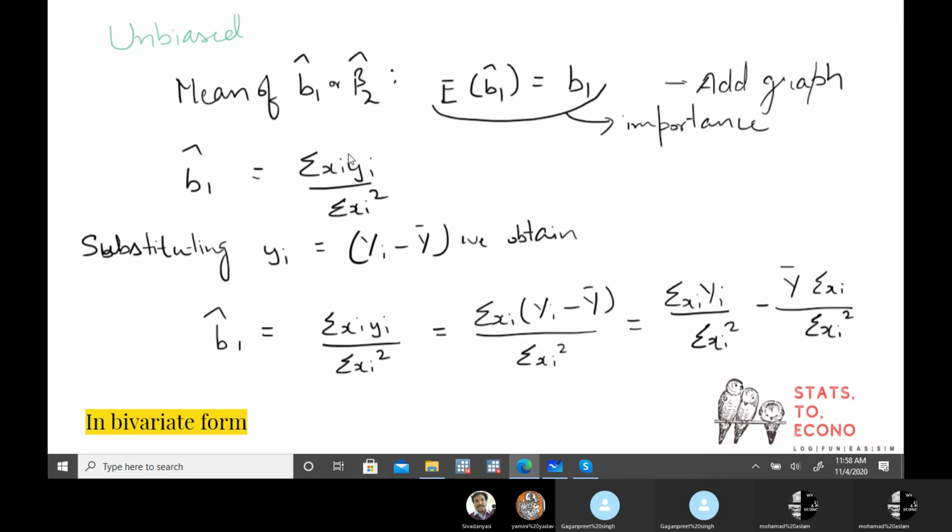This derivation we proved with the OLS method for the bivariate case. The slope coefficient, if you're taking the Gujarati notation, is beta 2 hat. That beta 2 hat is equal to summation xi yi divided by summation xi square.